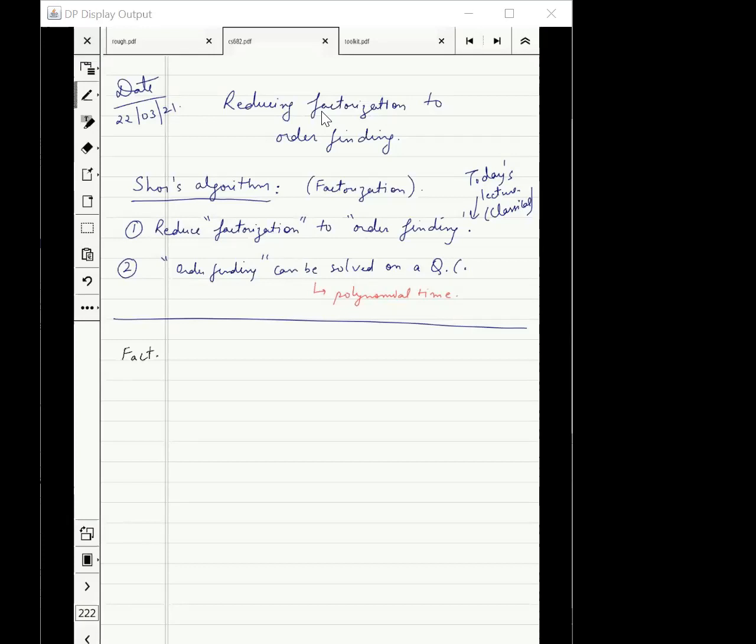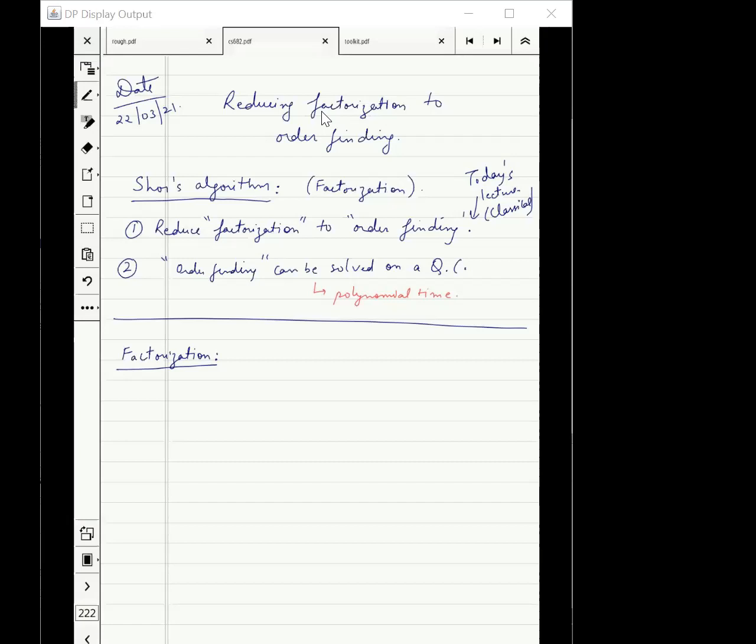The first problem is factorization, and it's not a very difficult problem to understand. It's a very difficult problem to solve, but to understand what it is is not very hard.